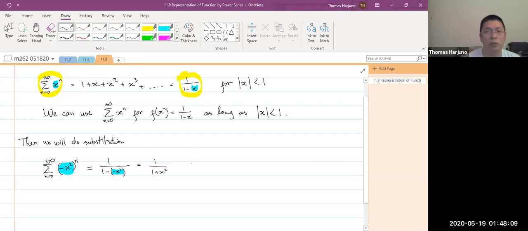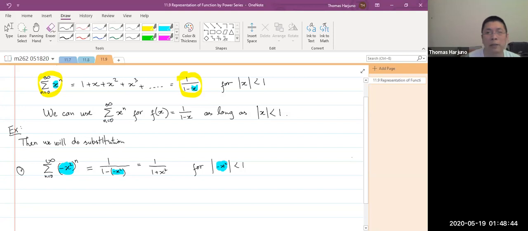Of course, as long as the absolute value of negative x squared is still less than 1. Can you follow me so far? That's the first example.